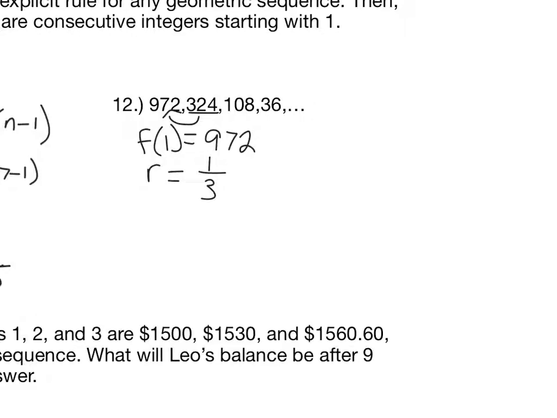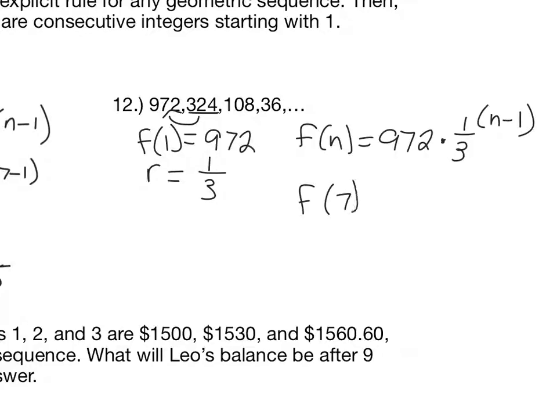So your general explicit rule is going to be f of n equals your first term, which is 972, times your common ratio, which is 1/3, raised to the n minus 1 power. Now, n in this case is 7, so it's going to be f of 7 equals 972 times 1/3 raised to the 7 minus 1 power. 7 minus 1 is 6.